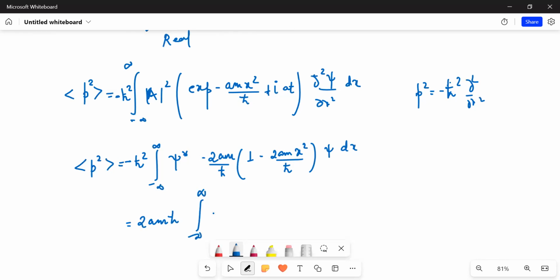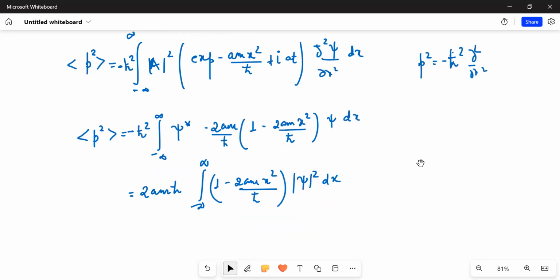And from minus infinity to plus infinity, 1 minus 2am x square upon h cut, and then you have the psi star psi, which is equal to mod psi whole square, so that things remain easy for you. Okay, so this is one thing.